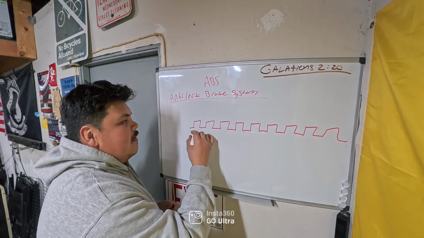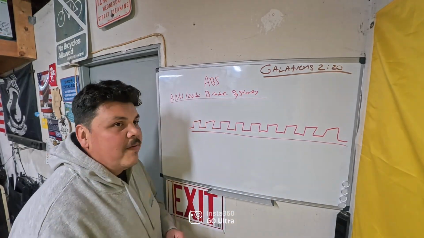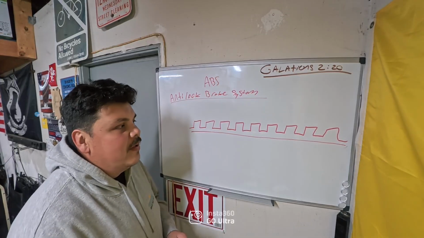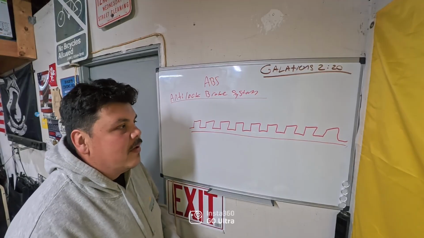So since the ABS module is pulsing the pressure, your front tires aren't going to be under full pressure, and in turn you're not going to lock up the front tires and smash into a car.